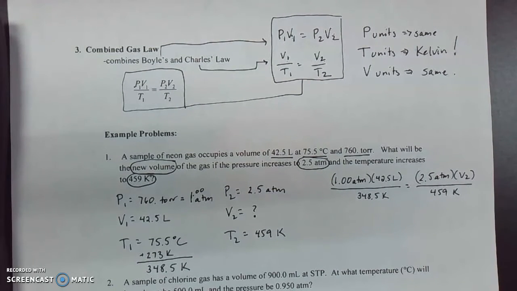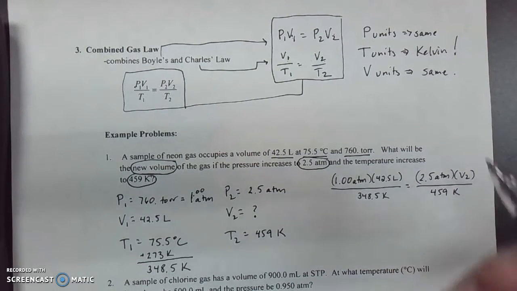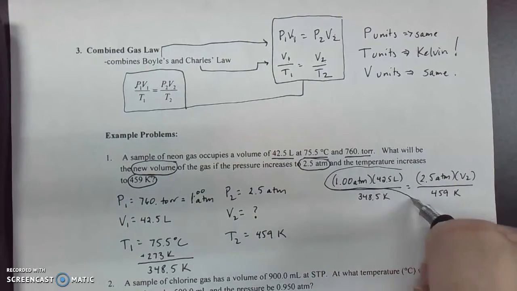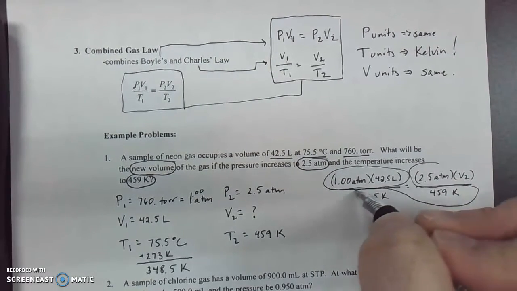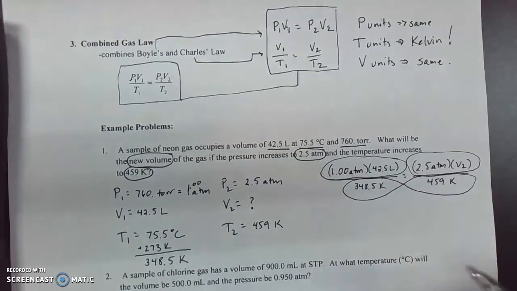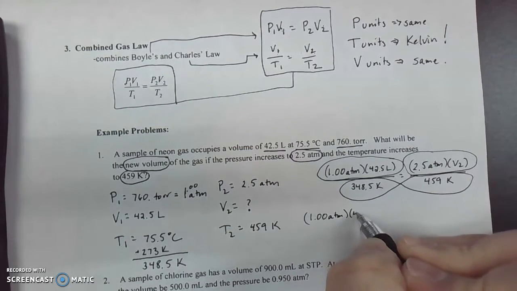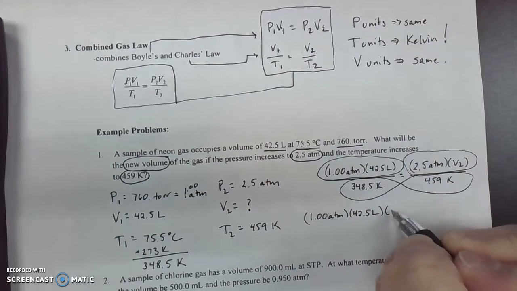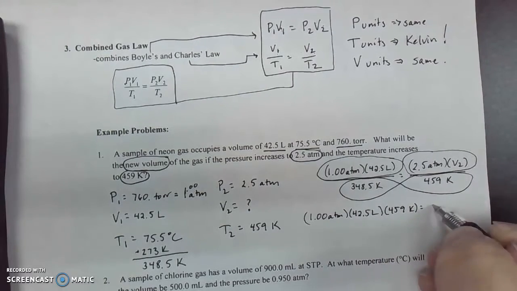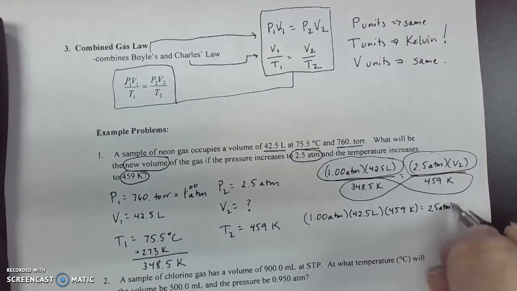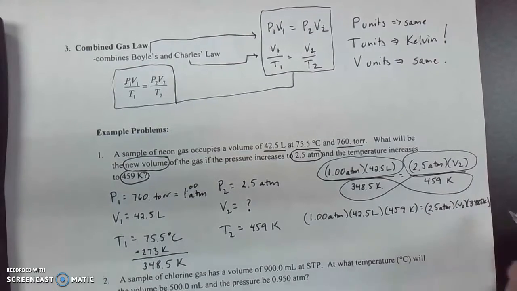So we have to get V2 by itself. A lot of people like to cross multiply, and that is fine. So we can take this and set it equal to this. So we get 1.00 atmospheres times 42.5 liters times 459 Kelvin is equal to 2.5 atmospheres times V2 times 348.5 Kelvin.